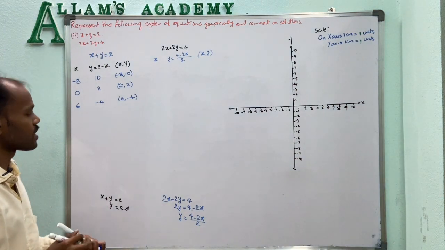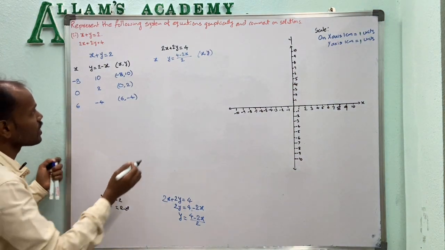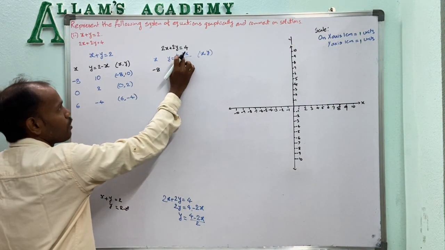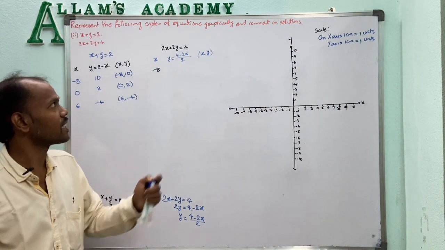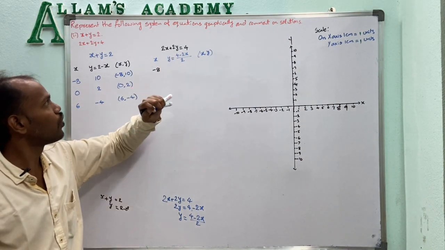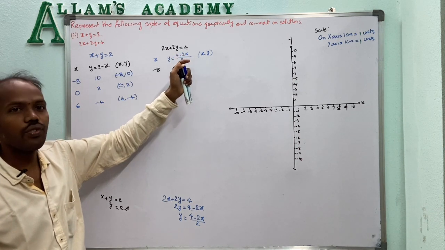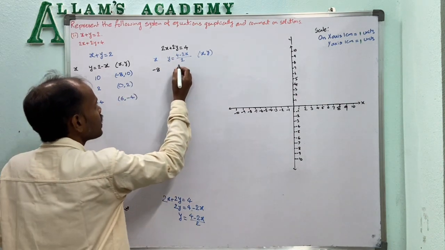Now we substitute different x values. If I substitute minus 8, minus 2 into minus 8 is plus 16, so 4 plus 16 is 20. 20 by 2 equal to 10.